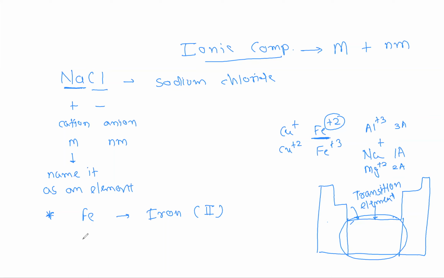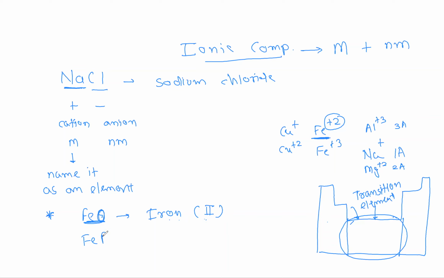In another case, let's say iron is in the molecule. Let me just give you an example. FeO. In this example, it is going to be called iron 2. Why? Because in this chemical formula, iron is carrying +2 charge. I'm going to explain to you why or how.